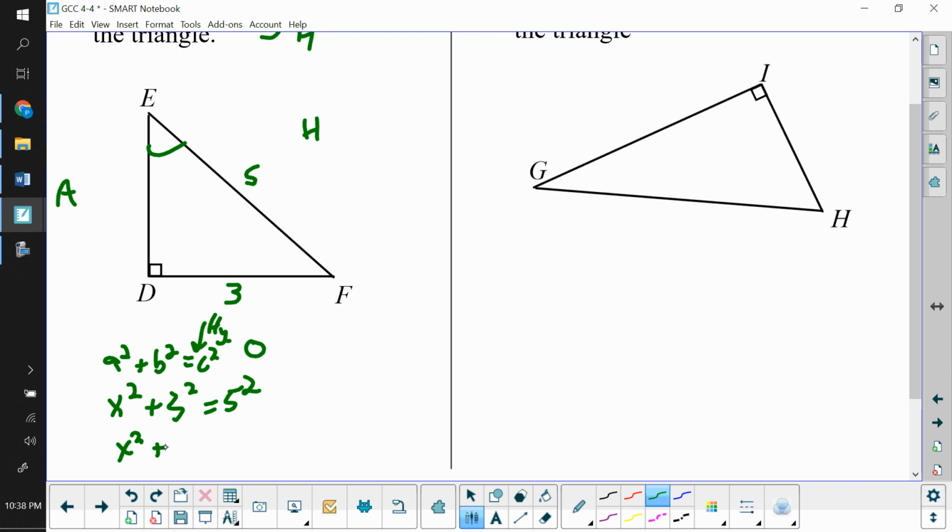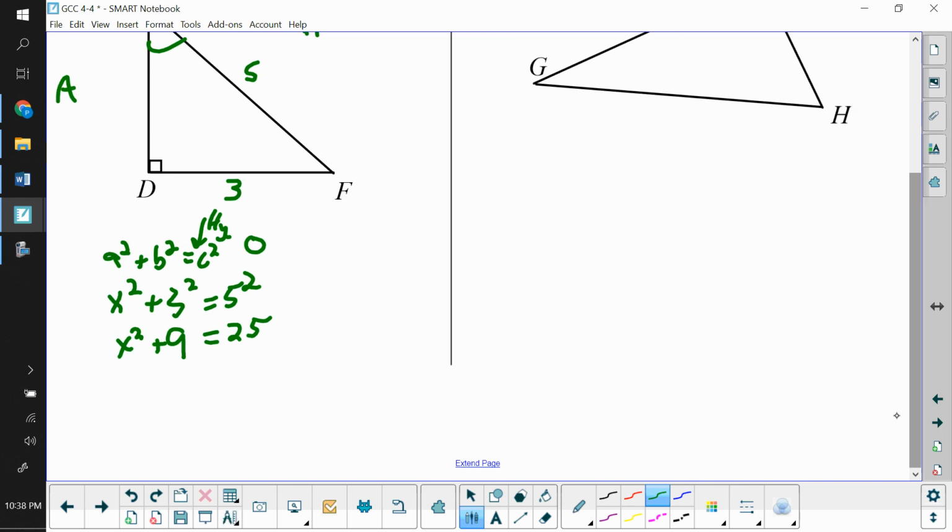This will be x squared, 3 times 3 is 9, equals 5 times 5, which is 25. We'll subtract the 9 over, and x squared will give us 16. To undo a squared, we do a square root.